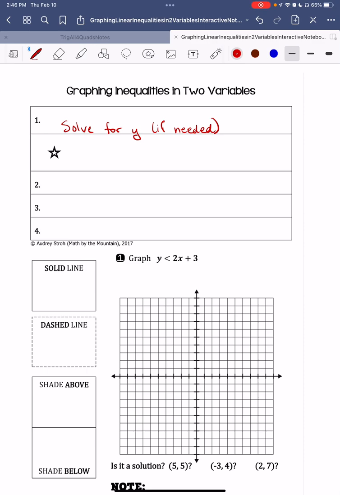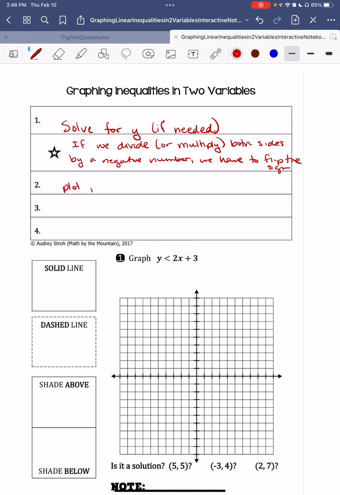The only thing we have to remember is that if we divide, or multiply, although we don't as often multiply with these inequalities, both sides by a negative number, you may remember this, we have to flip the sign. Flip the sign.